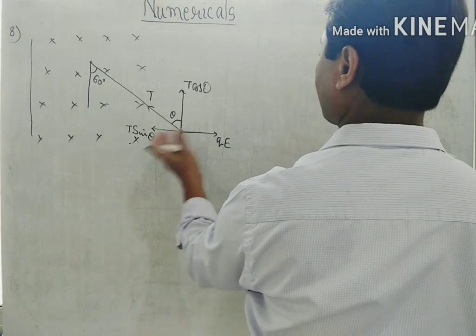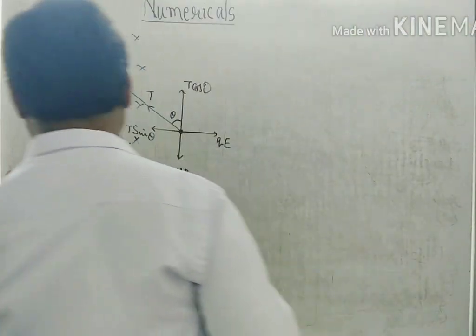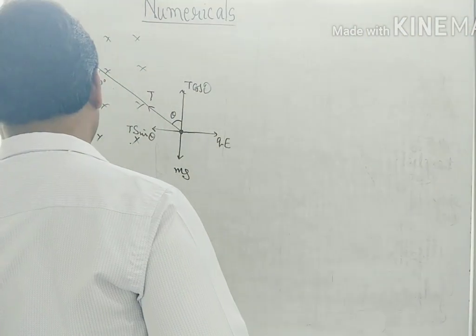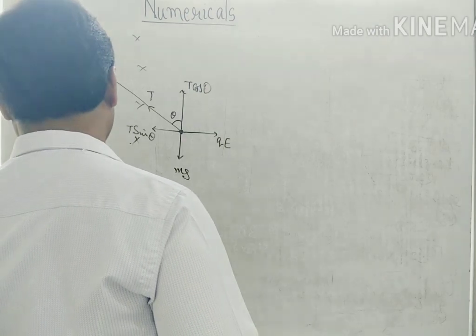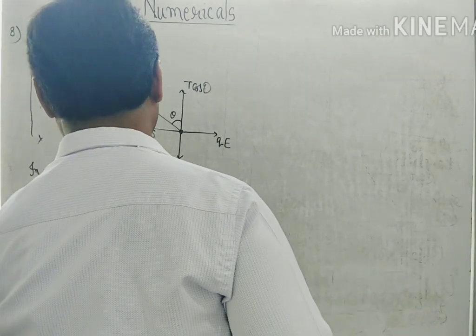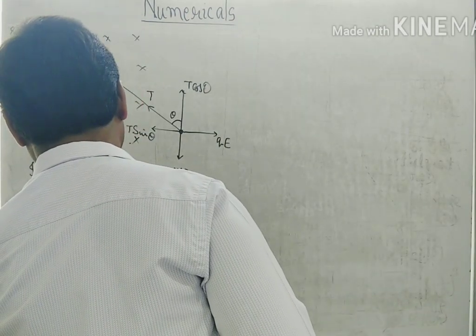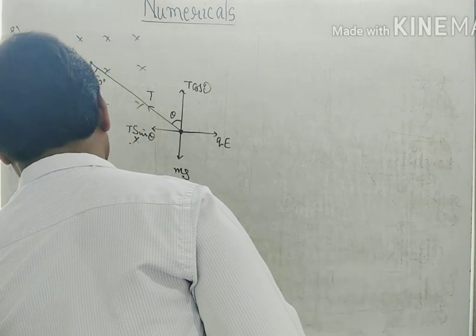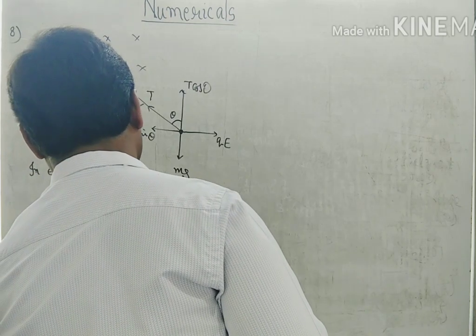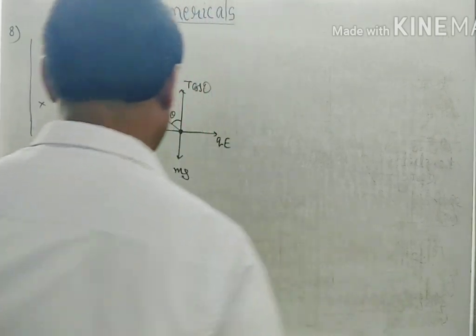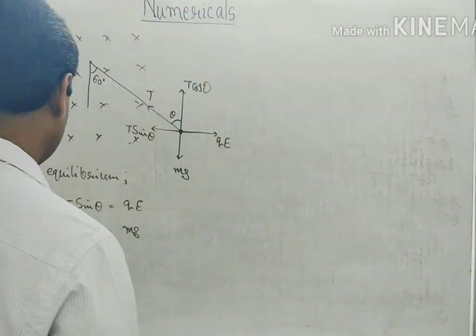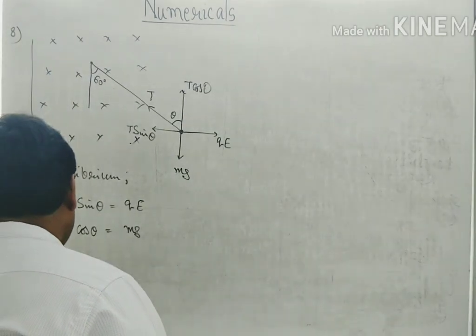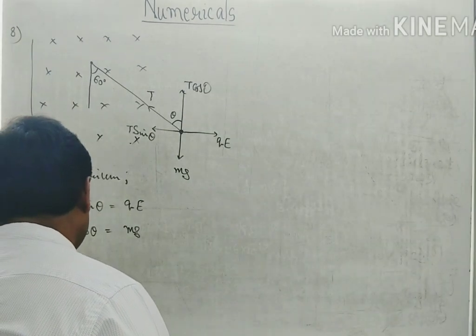So in equilibrium, we can write T sin theta equals QE, and T cos theta equals mg.